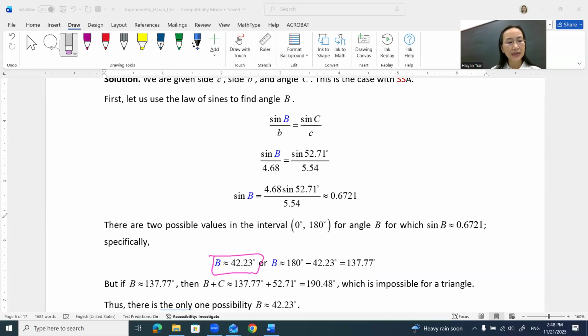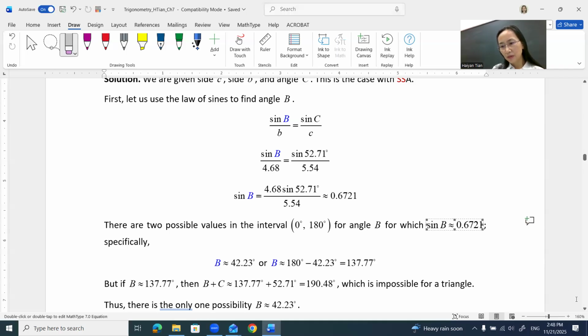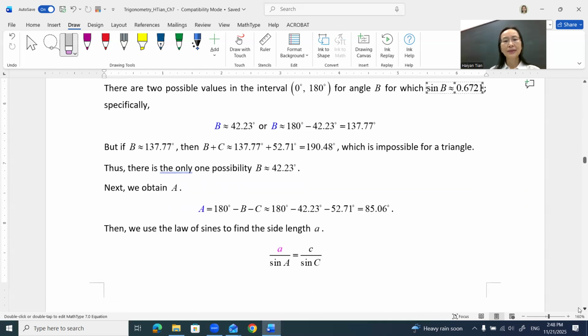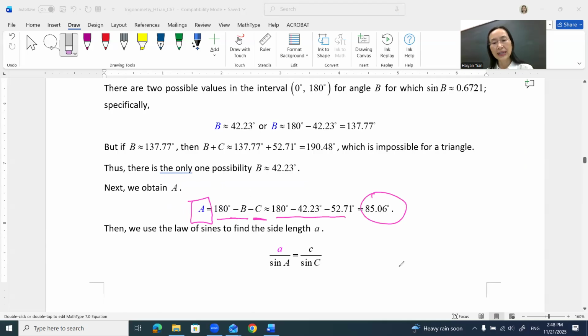Then we can immediately find another unknown angle, so let's find A. The third, one more unknown angle once we get B. We just use 180 minus B minus the given angle C. Then we get a solution for A, which is also acute.